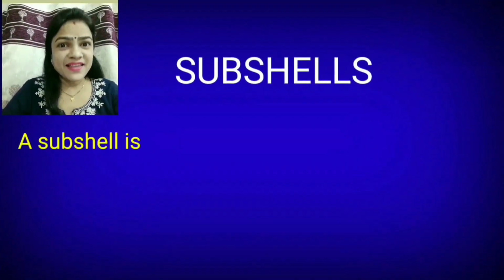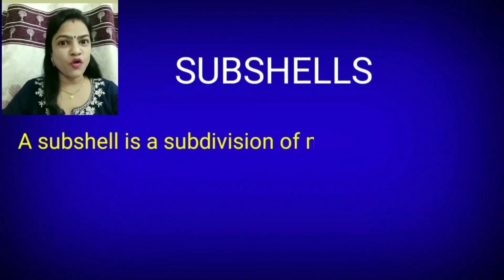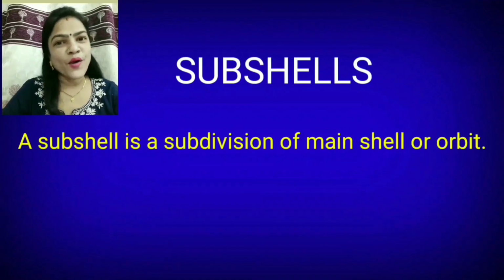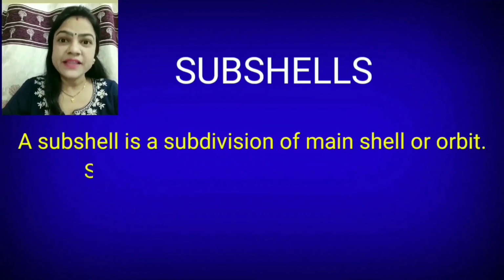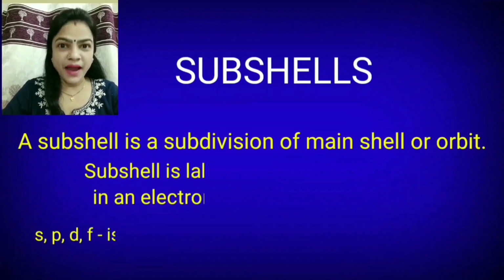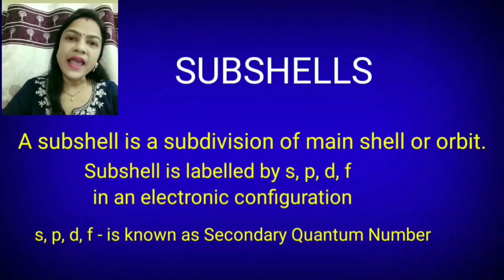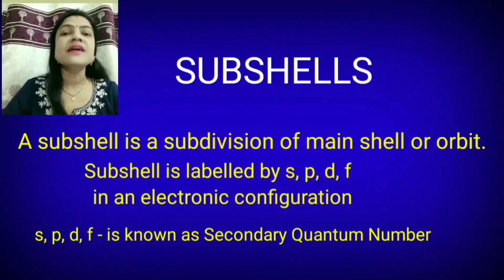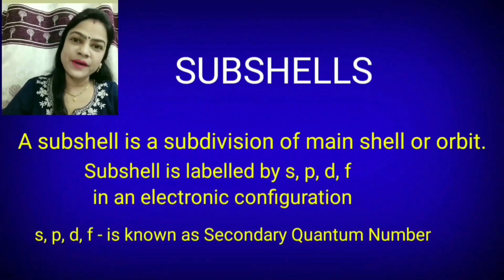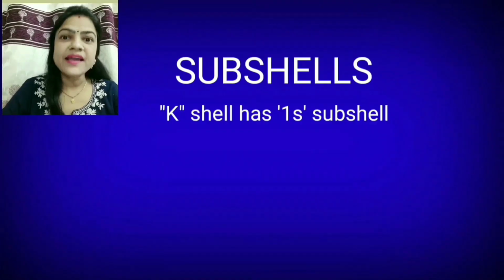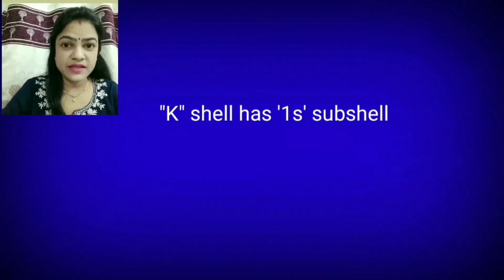Now, the next topic is subshell. A subshell is a subdivision of the main shell or orbit, and subshells are labeled by s, p, d, f, where s, p, d, f is the secondary quantum number. First shell, K shell, has the 1s subshell.